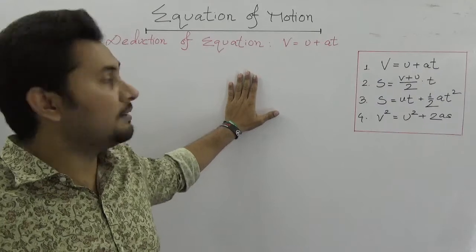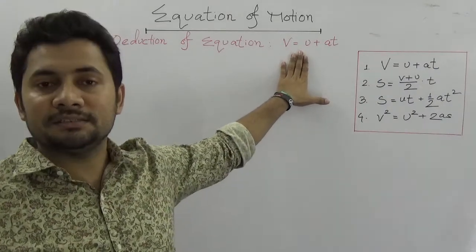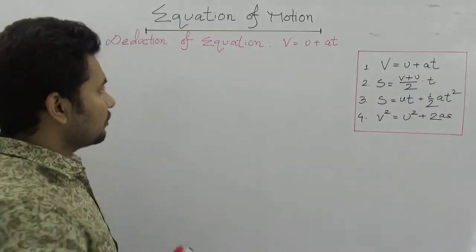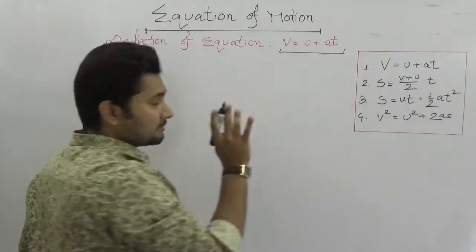This is the first one, where I'll explain the deduction of the equation v equal to u plus at. How it comes is very easy.